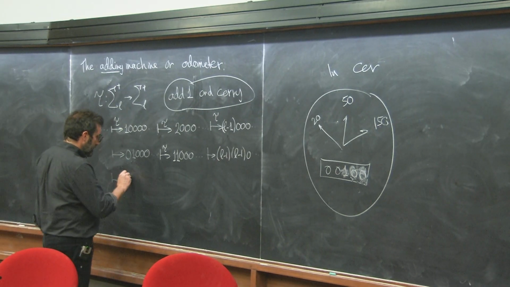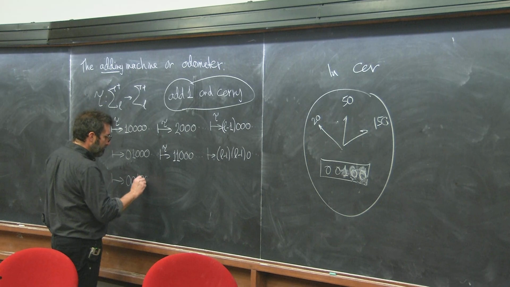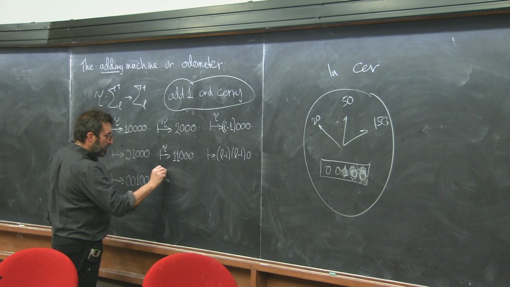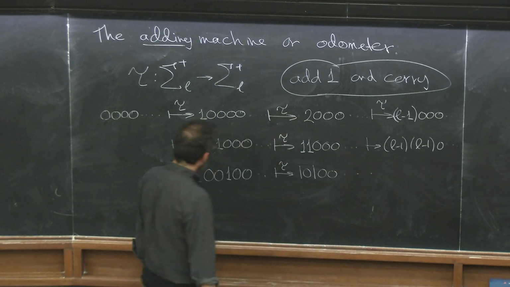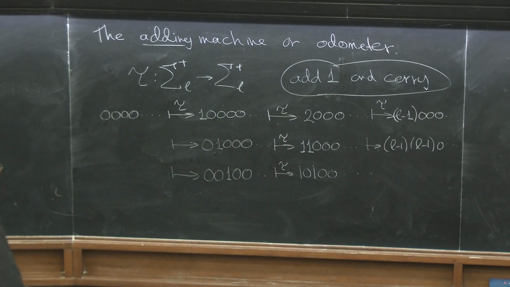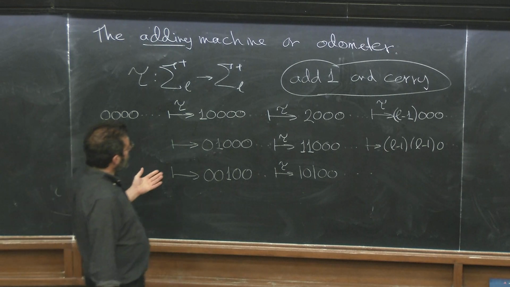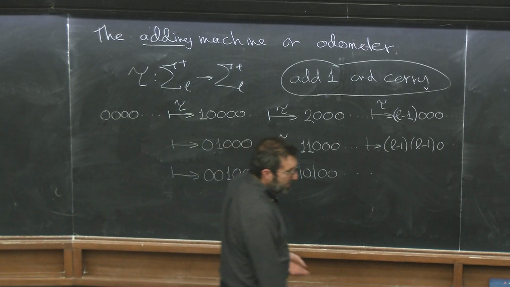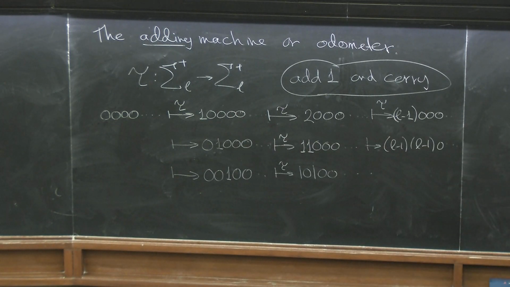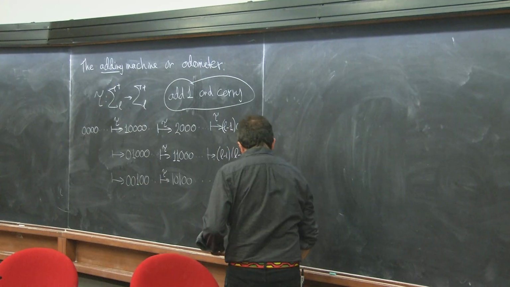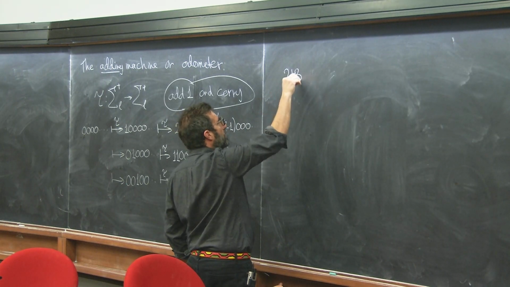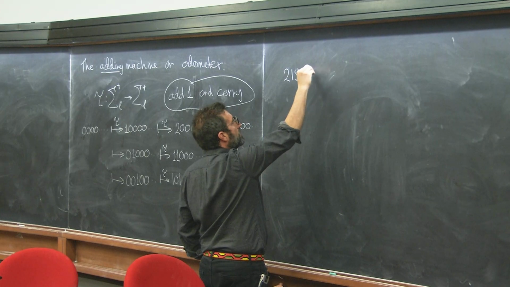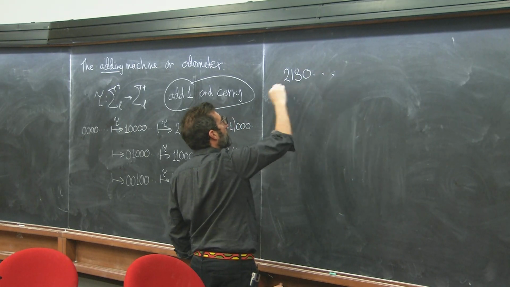So this is 0, 0, 1, 0. And then you keep going like this, right? 1, 0, 1, and so on. Okay? So in this case we started with 0, but if you start with some arbitrary sequence, you just do the same. Suppose you have 2, 1, 3, 0, and so on, okay?